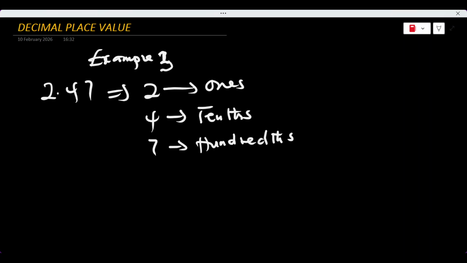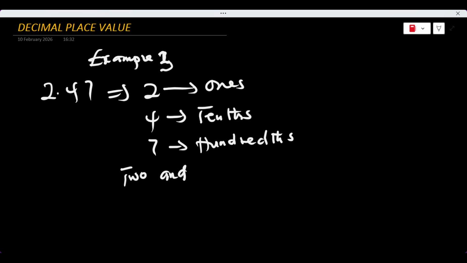We read it as 2 and 47 hundredths. The 'and' represents the decimal point.